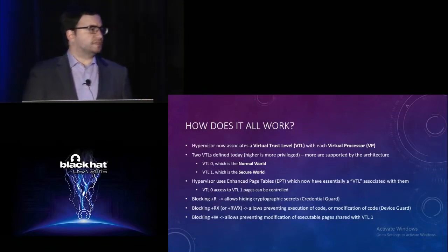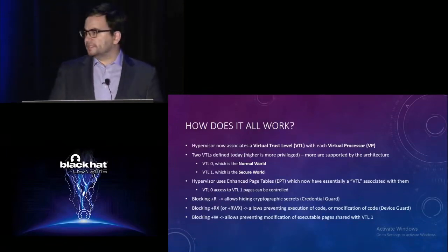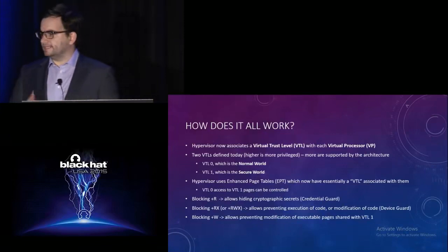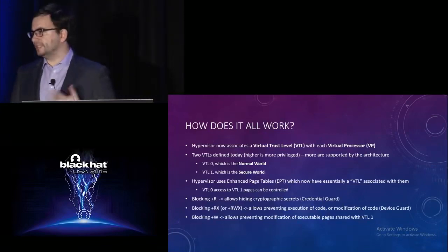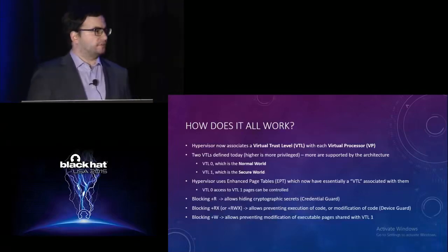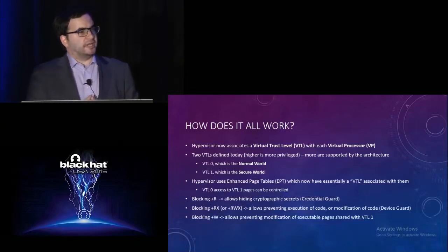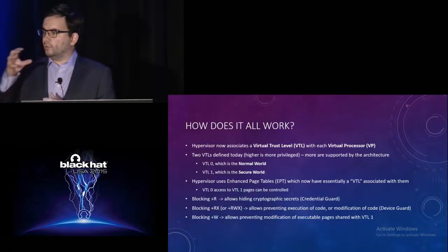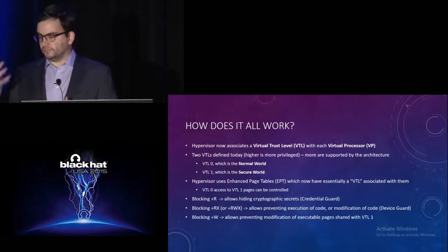Now this essentially uses what you probably know as SLAT or EPT or NPT: nested page tables, extended page tables, or second level address translation, which CPUs that support hardware virtualization provide so hypervisors can have their own view of which virtual pages correspond to which physical pages.